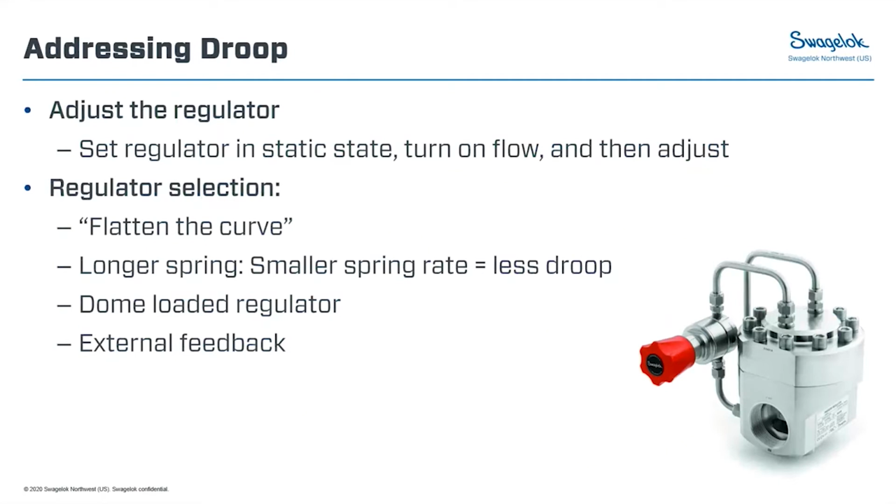The first thing we can do is to just adjust the regulator, but this isn't always possible. You could stand there next to the regulator, and as you see the outlet pressure change, you adjust the regulator to get back to where you need to be at that flow rate. But this isn't always possible if you've got a regulator out in a processing unit.